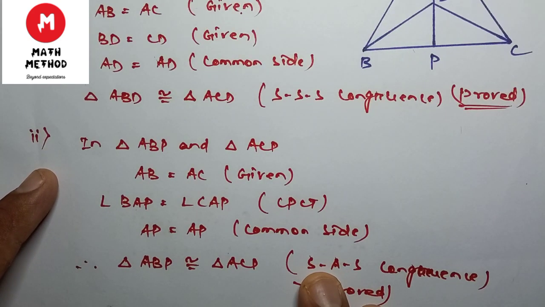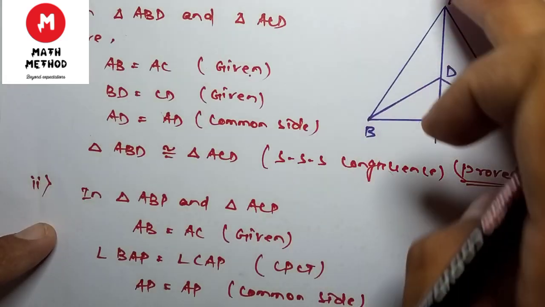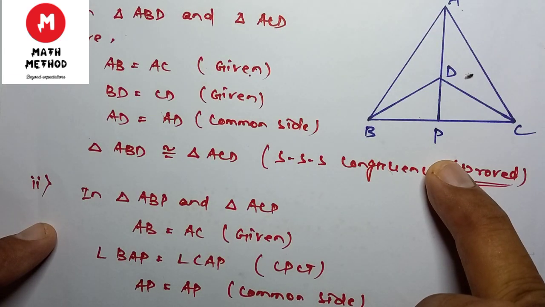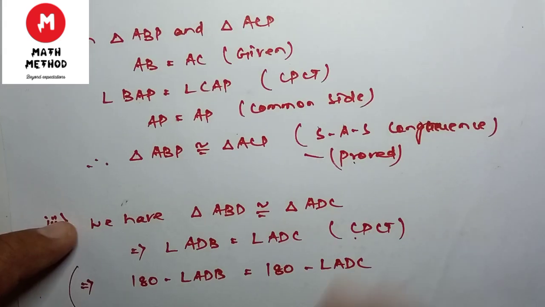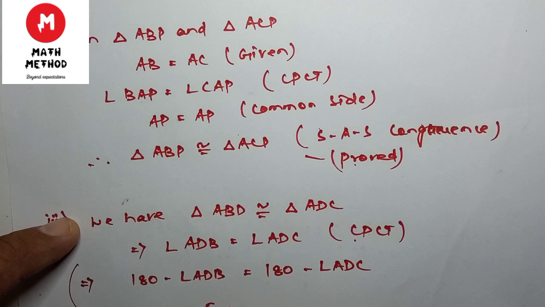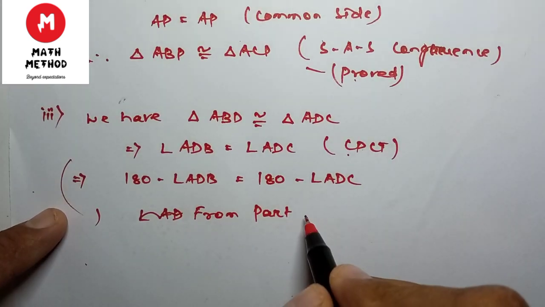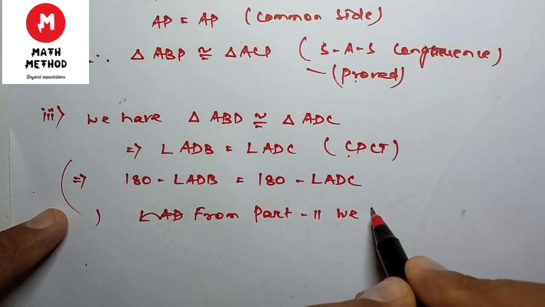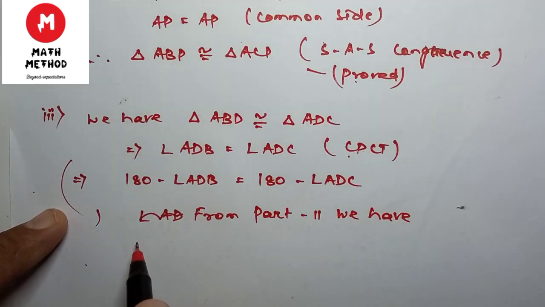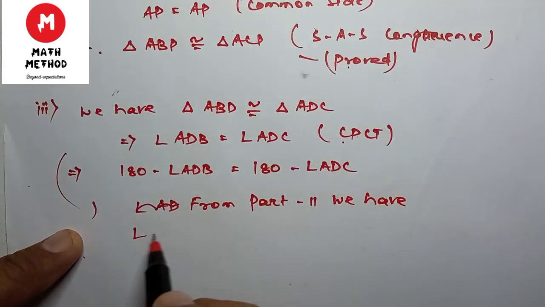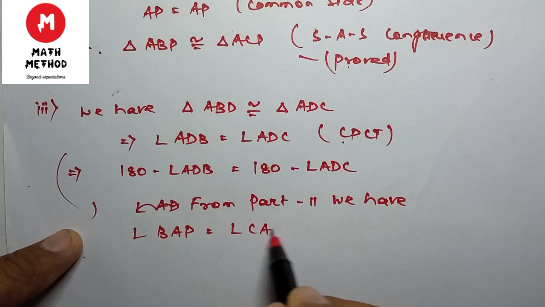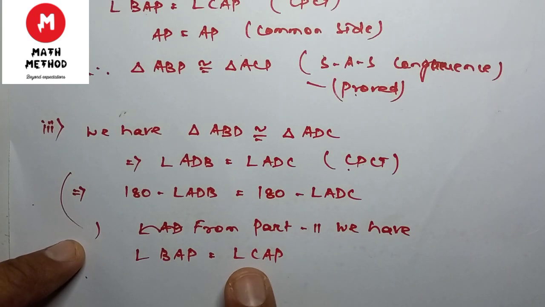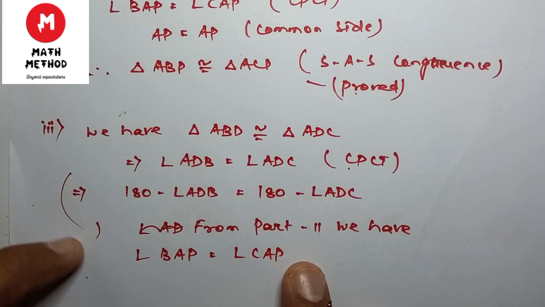Here in part 2, triangle BAP is congruent to triangle CAP. Now from part 2 we have angle BAP is equal to angle CAP, because this is the CPCT, corresponding parts of congruent triangles.